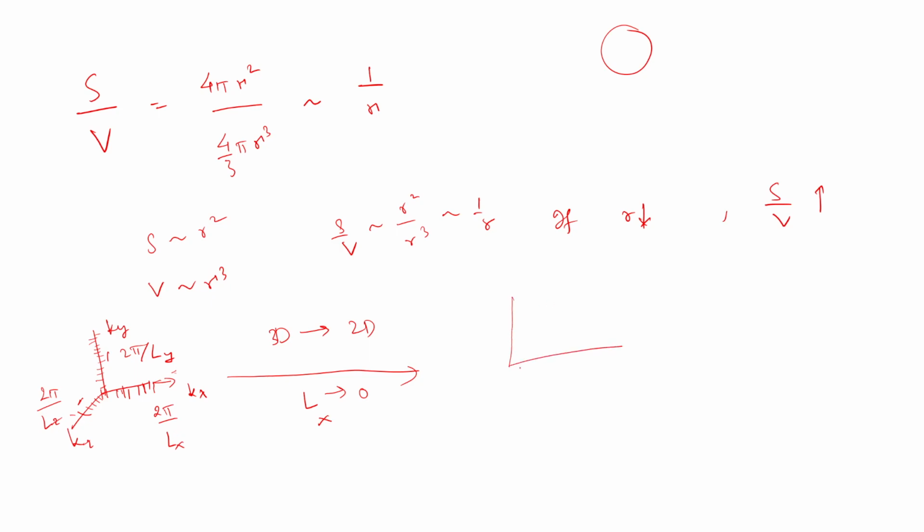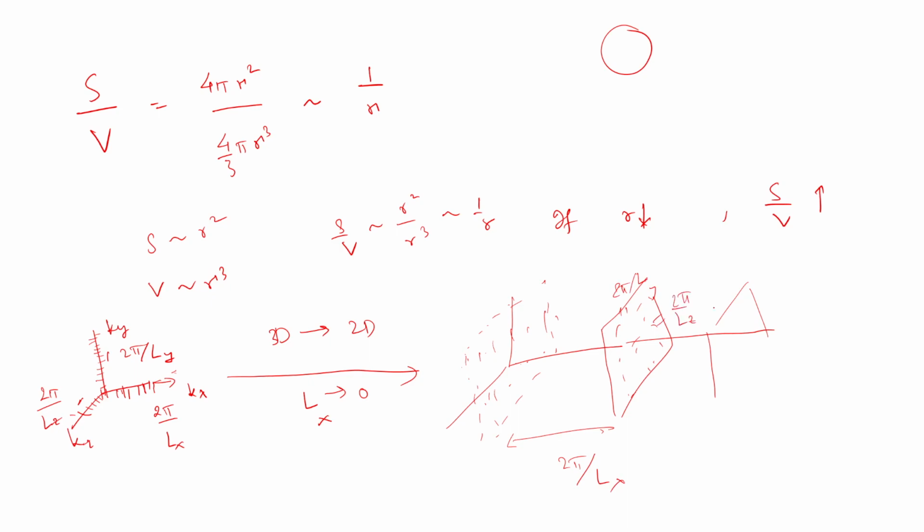So the kx values that we get will be at 0, then the next kx point, and then the next one, and this gap is 2 pi by Lx. Here the gap is 2 pi by Ly, and this is 2 pi by Lz.